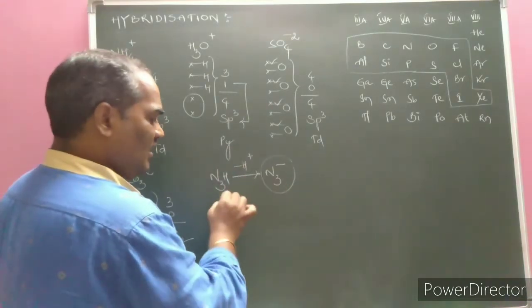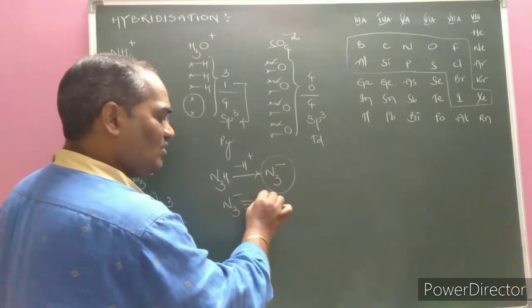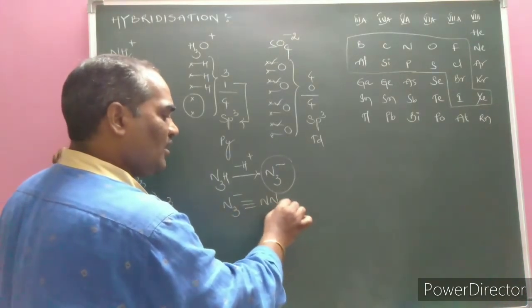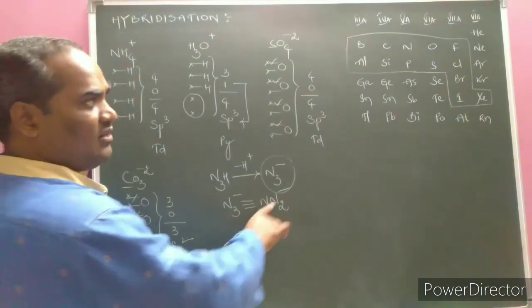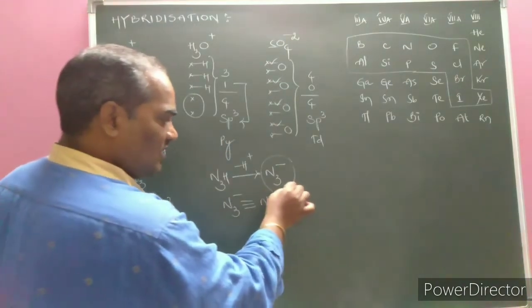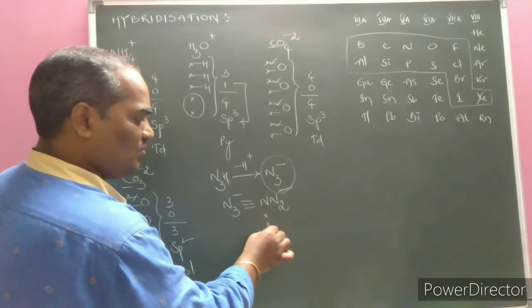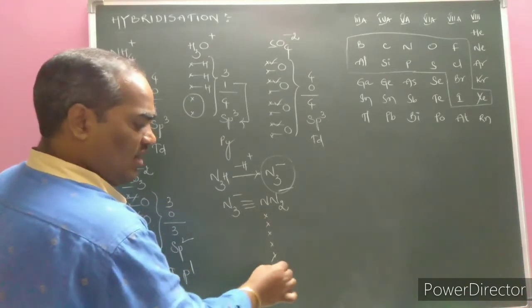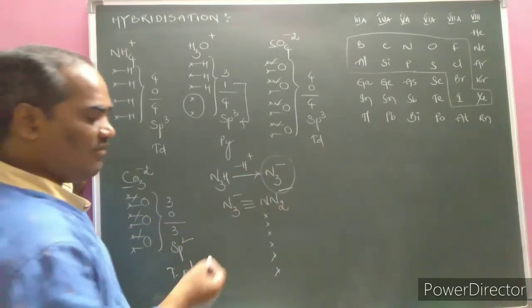Here the azide ion, N3-, can be written as N-N-N. The nitrogen atom is the central atom. What is the group number? 5. And a minus charge is there. Due to this minus charge, 1 electron is gained. 1, 2, 3, 4, 5 and 1 electron gained. We know well already that nitrogen is trivalent.